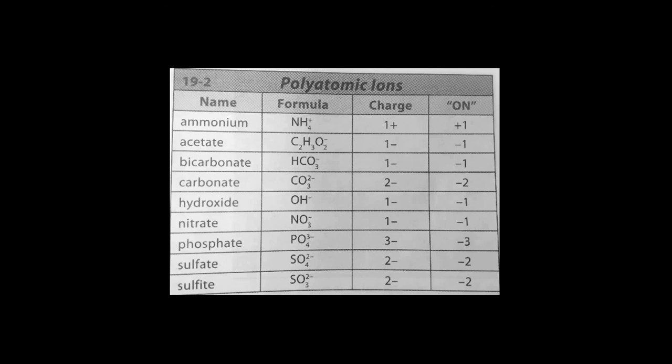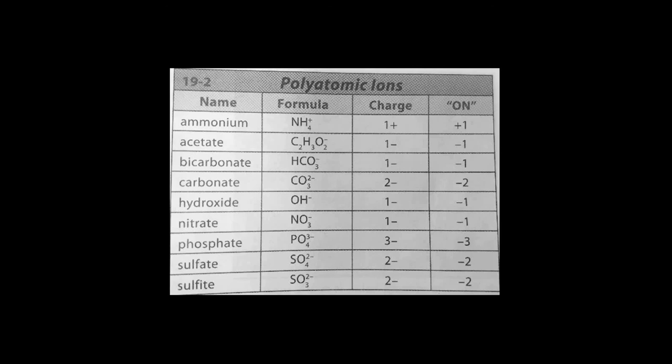Okay, these are some examples of polyatomic ions. These overall are going to have charges with them. These are ions in themselves. So when you look at ammonium, NH4+, which by the way is the only positive polyatomic ion, the whole thing has a +1 oxidation number.